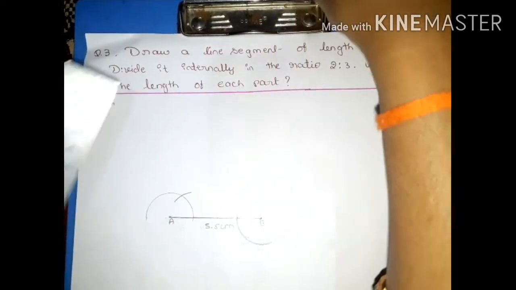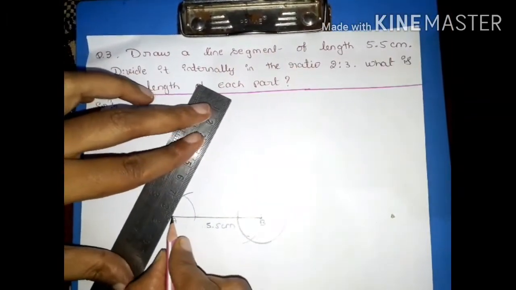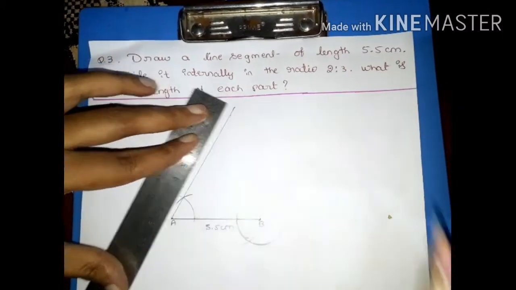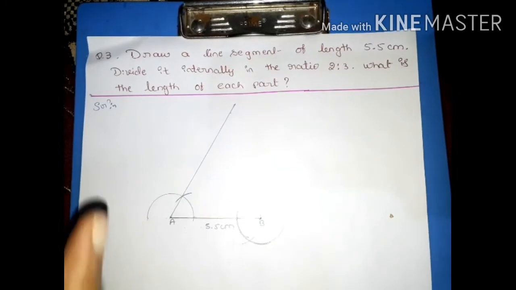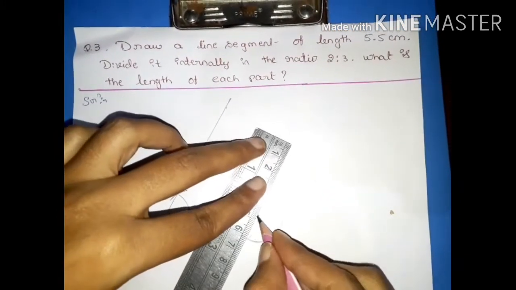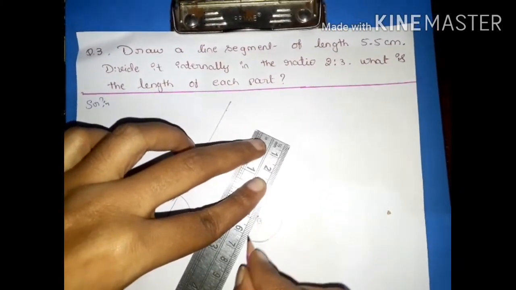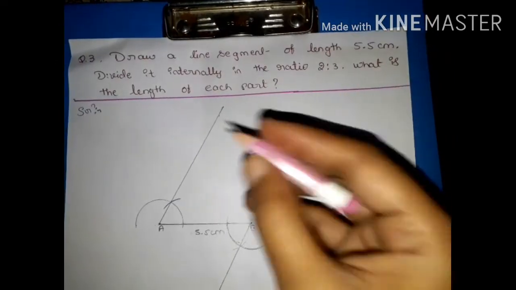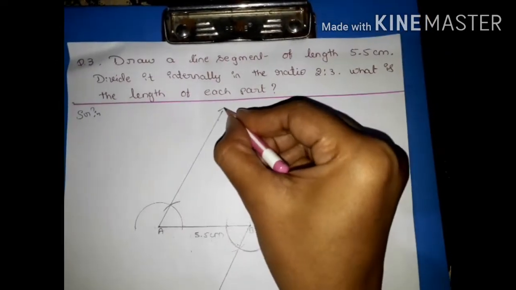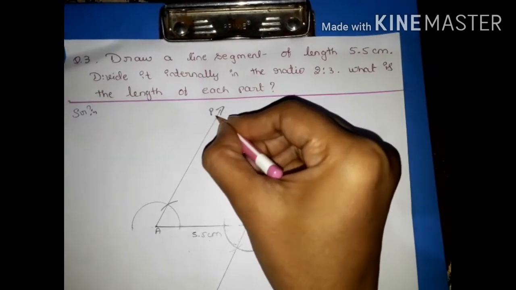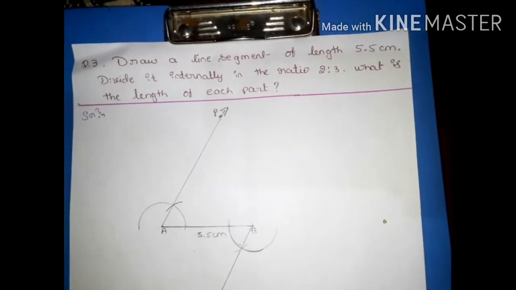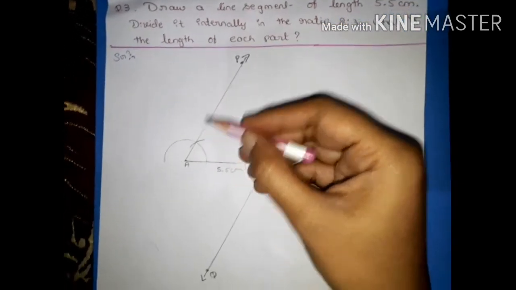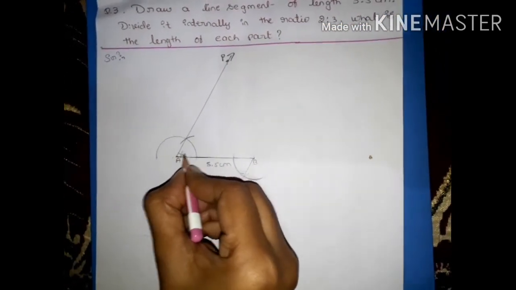Now draw a line from point A, and also from point B, opposite to that line, draw one more line. Here give the name AP, here Q. This measures a 60 degree angle.